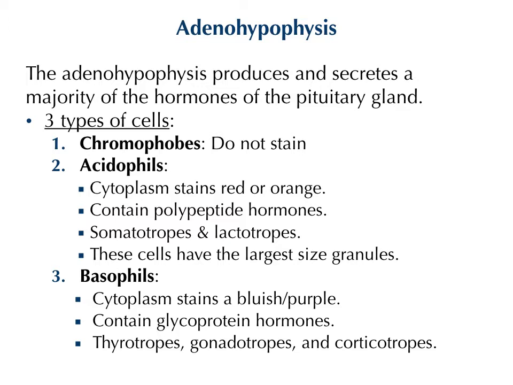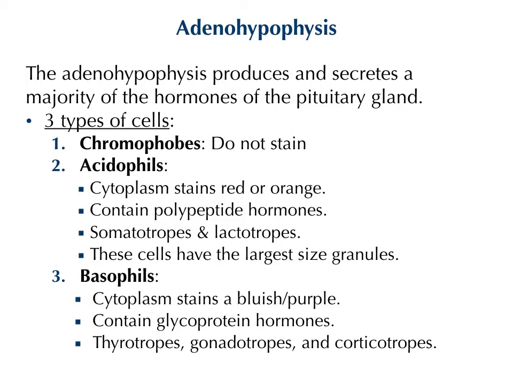The acidophils will contain cells that have the polypeptide hormones. These will include somatotropes, which produce growth hormone, somatotropin, and lactotropes, which will produce prolactin. The basophilic staining cells will contain cells that have the glycoprotein hormones in them.